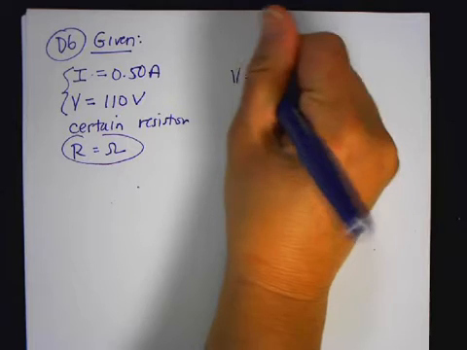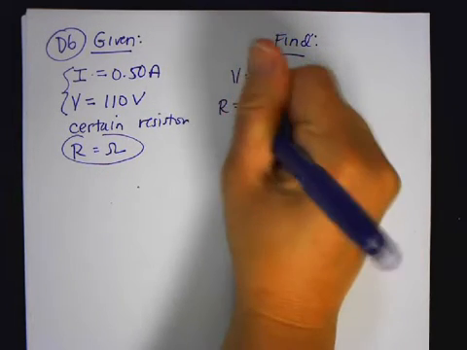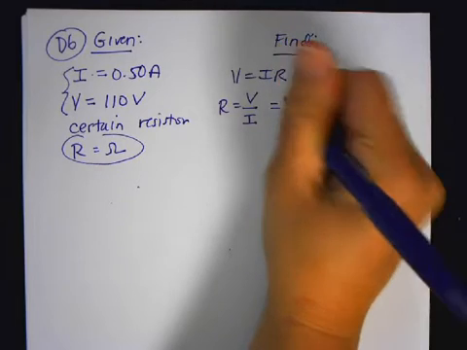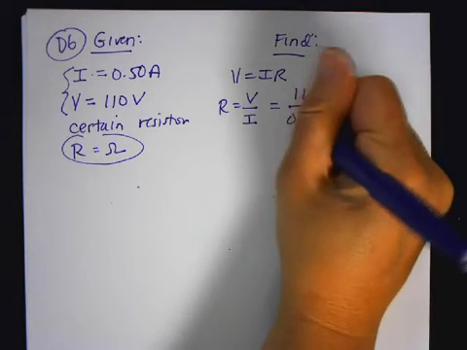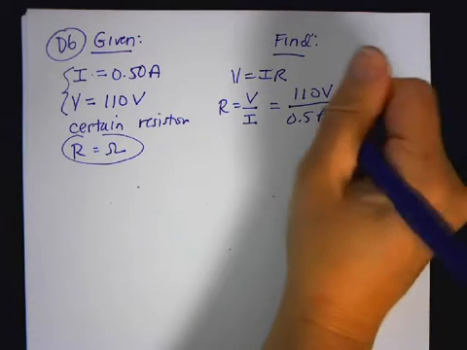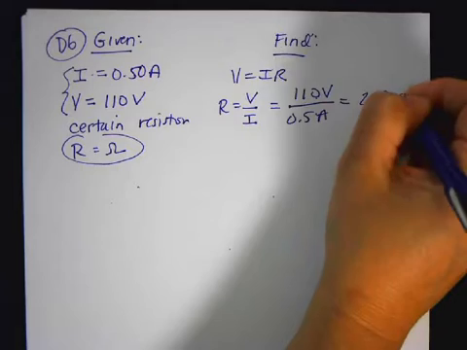V is equal to IR. So R is equal to V over I. So they told me it's 110 volts over 0.5 amps, and I can do that in my head. 110 divided by 0.5 would be 220 ohms.